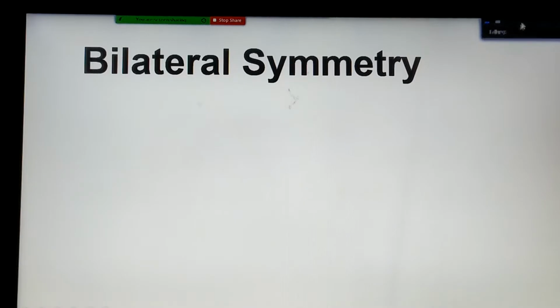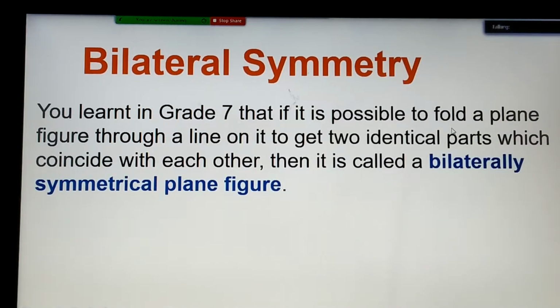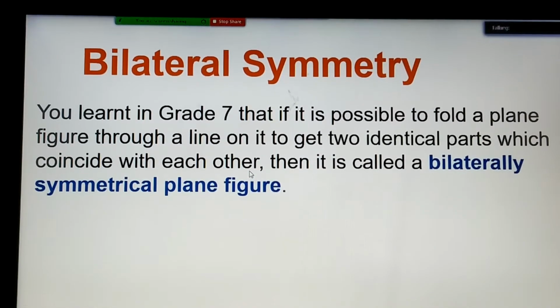Bilateral symmetry. Earlier you did that one. Let's see. You learnt in grade 7 that if it is possible to fold a plane figure through a line on it to get two identical parts which coincide with each other, then it is called a bilaterally symmetrical plane figure.